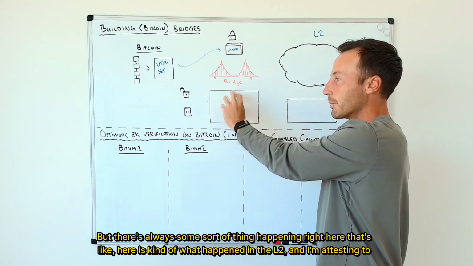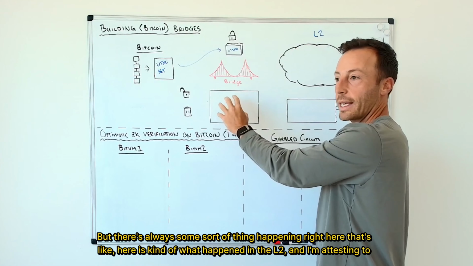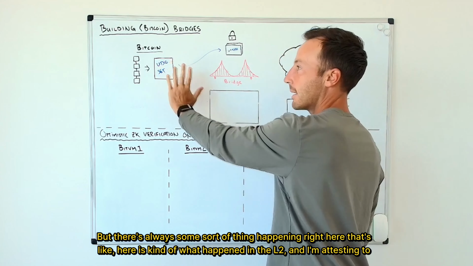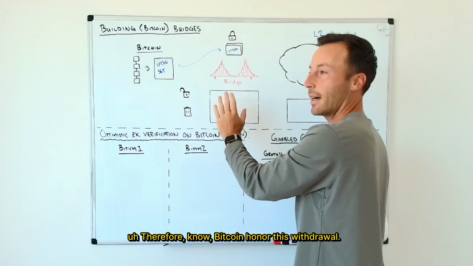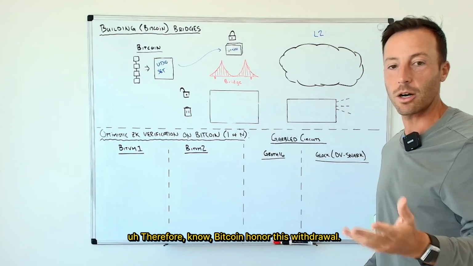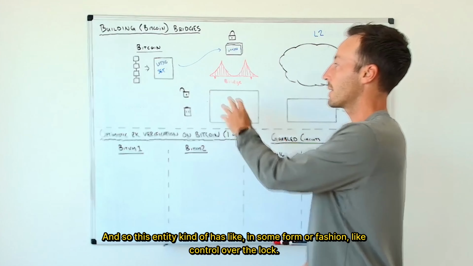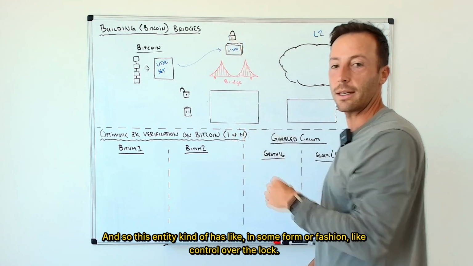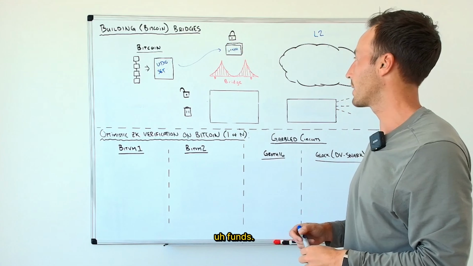But there's always some sort of thing happening right here that says, here is what happened in the L2, and I'm attesting to that. Therefore, Bitcoin, honor this withdrawal. And so this entity has, in some form or fashion, control over the locked funds.